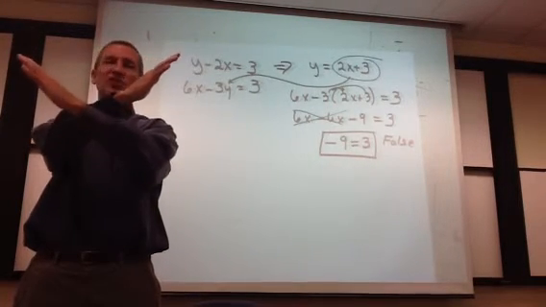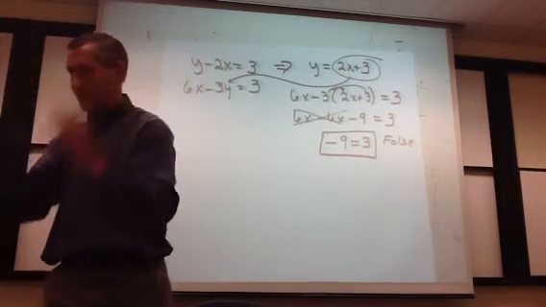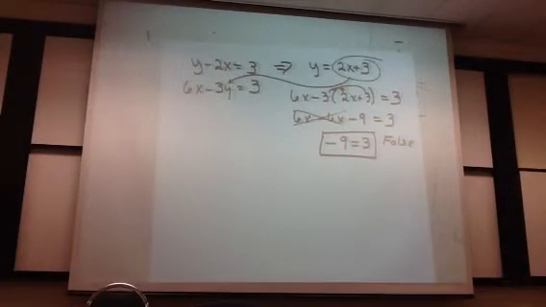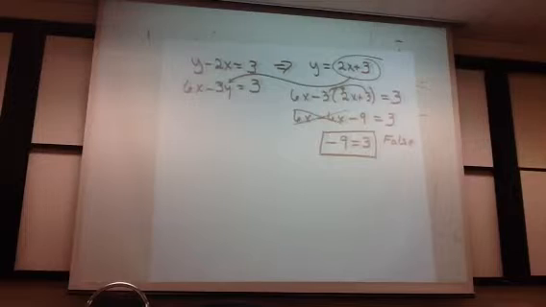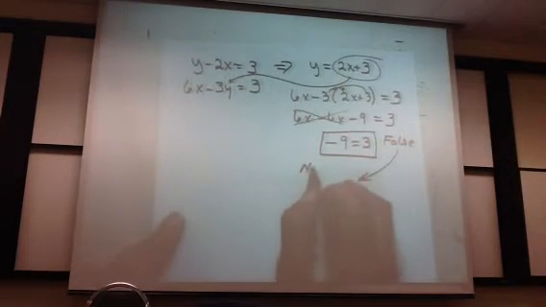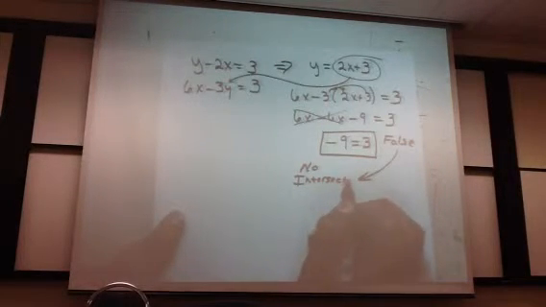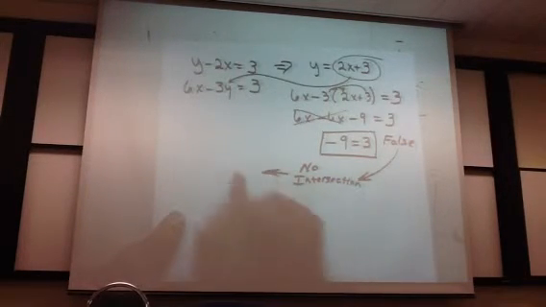They don't have an intersection. How is that possible? You get a false statement that implies no intersection. The only way that's possible is I got myself some parallel lines.